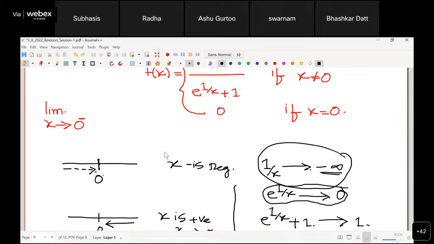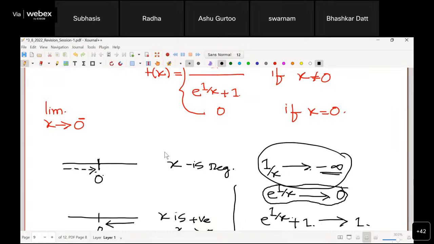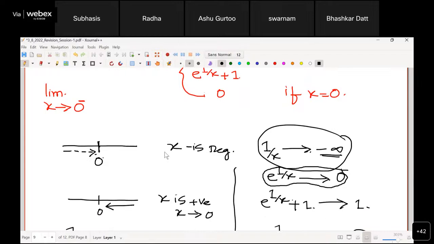X tends to 0 is different from 1 by 0. I'm saying x tends to 0, that means x is going towards 0. I'm not saying that x is precisely 0. 1 by 0 is not defined, right?